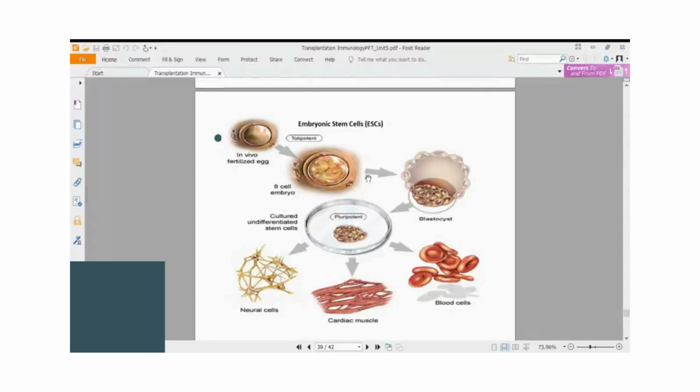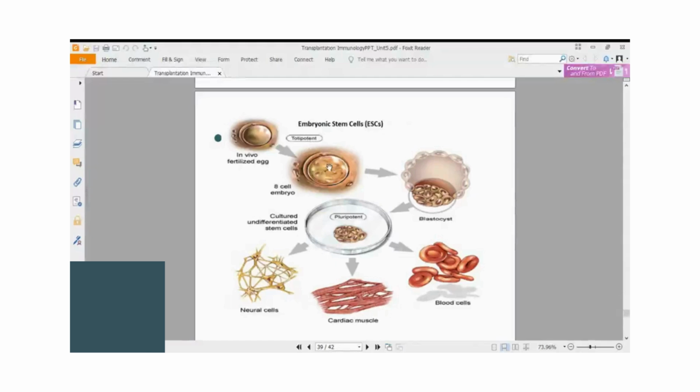But earlier than that stage, if you take the embryo which has not yet formed into a blastocyst, it is still in the division stage of the egg. Maybe an 8-cell embryo or 16-cell embryo has been produced. At that stage, the cells will be totipotent. Totipotent is also equal to multipotent.